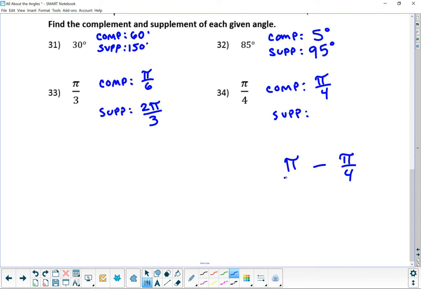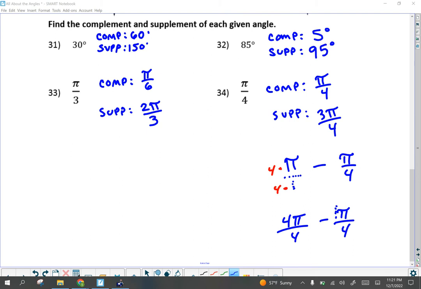Again, doing it side by side allows me to think in terms of a common denominator. I need to multiply this by 4, and I will have 4 pi over 4 minus 1 pi over 4. 4 pi minus 1 pi makes 3 pi over 4. That's my supplement.